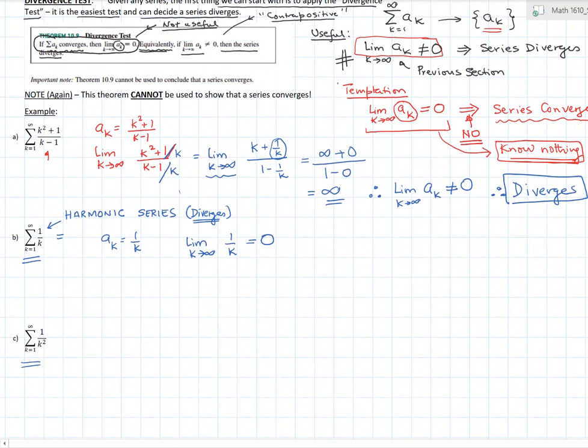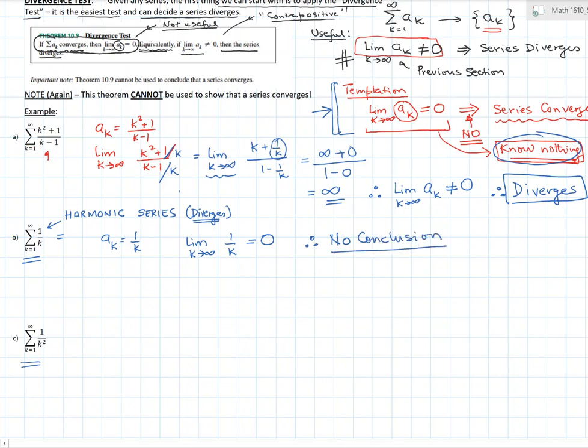Well, you have to go back here. If the limit of a_k is 0, that means no conclusion. We know nothing. So therefore your answer is no conclusion.